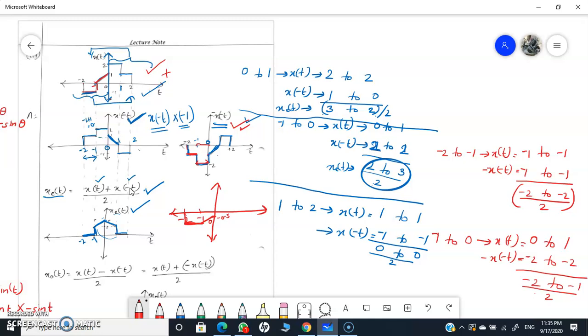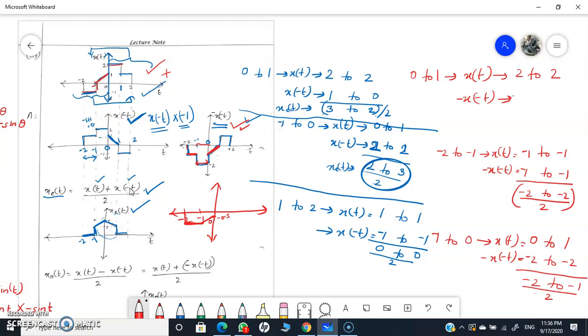Now consider the interval from 0 to 1. From 0 to 1, my x of t is varying from where to where? x of t is varying from 2 to 2. That means x of t is maintaining amplitude 2, and minus of x of minus t is varying from minus 1 to 0.